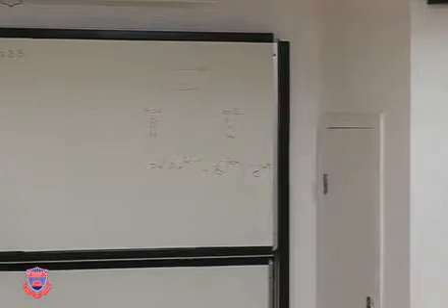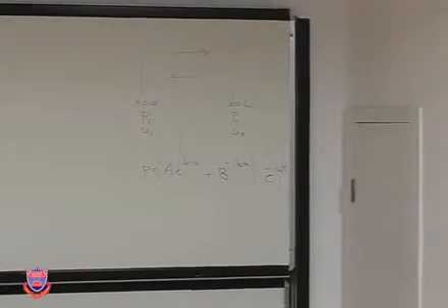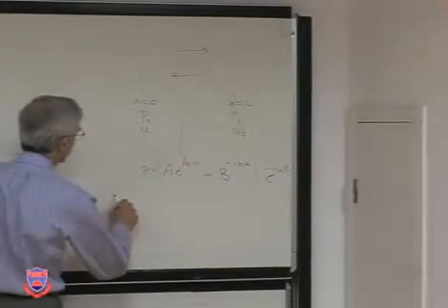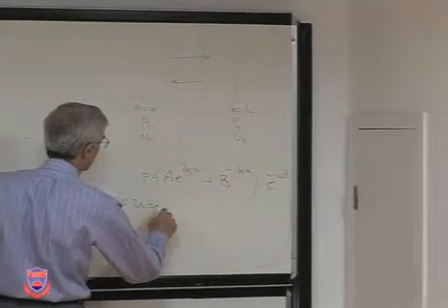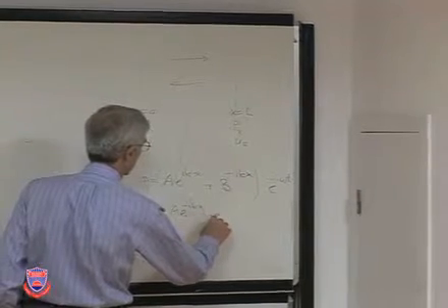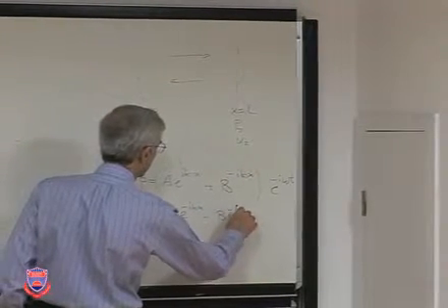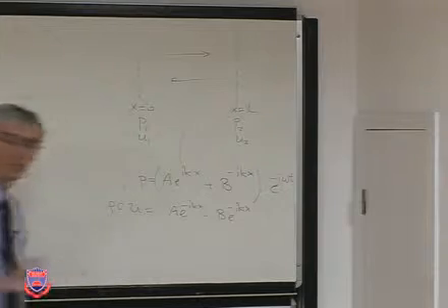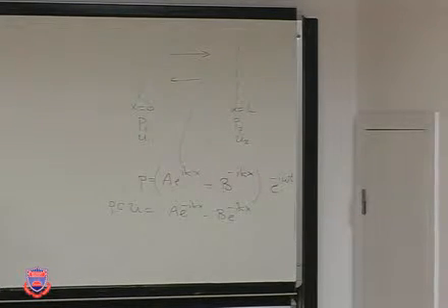And the particle velocity is written as A e to the minus ikx. Okay. So far, it's clear enough.